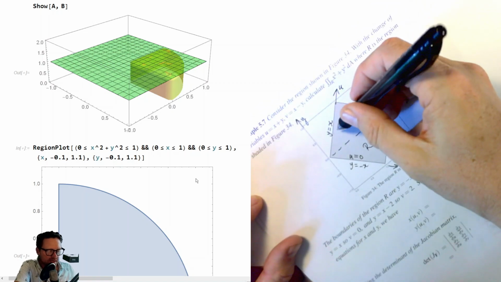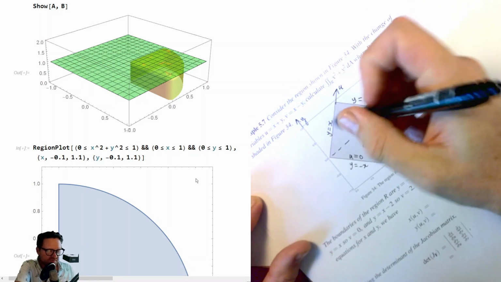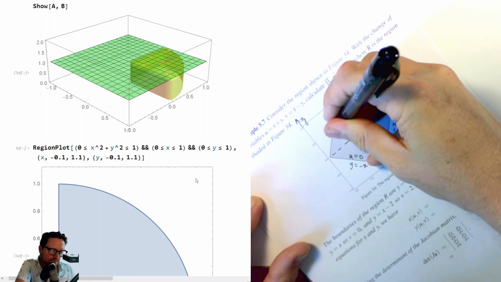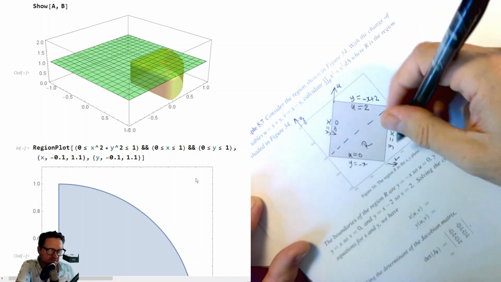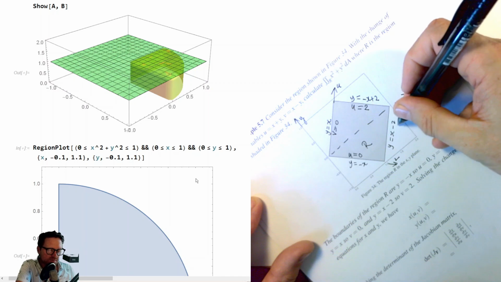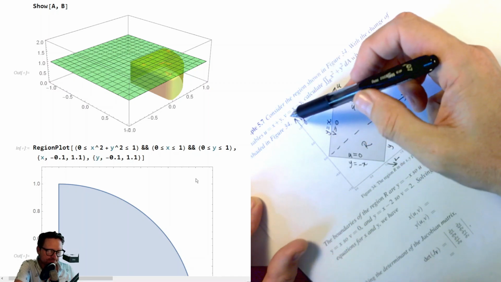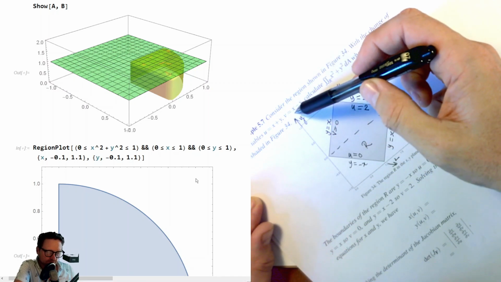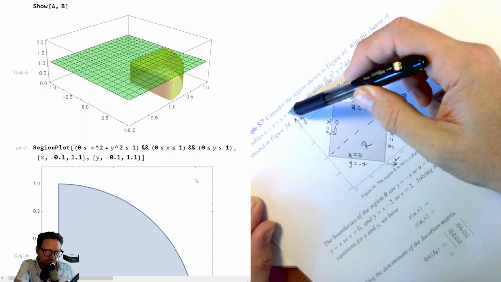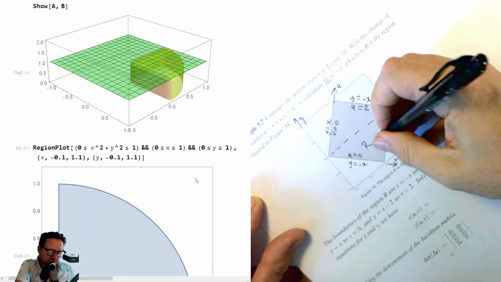So this y equals x, well, that says v equals 0 from this. And this y equals x minus 2, well, that says v equals x minus x plus 2, so v equals 2.